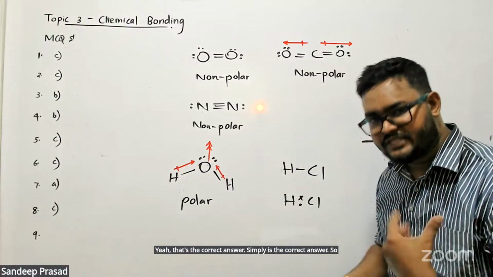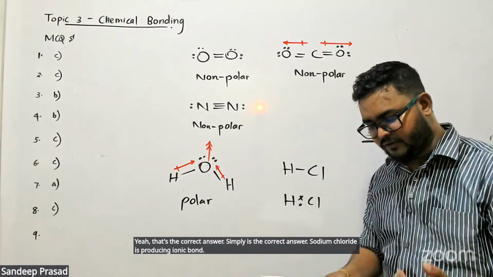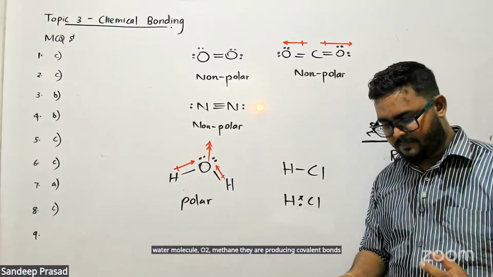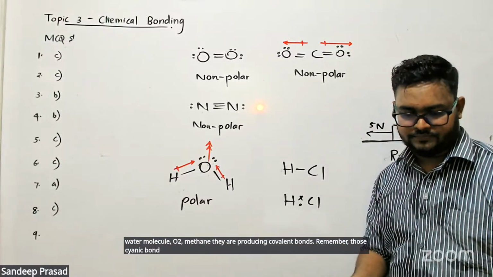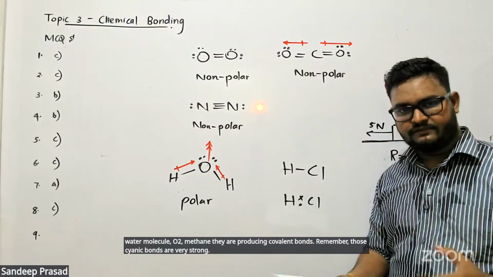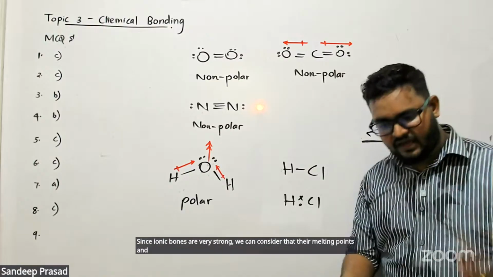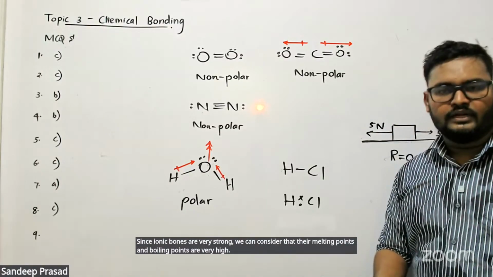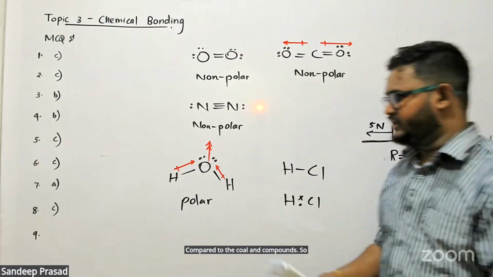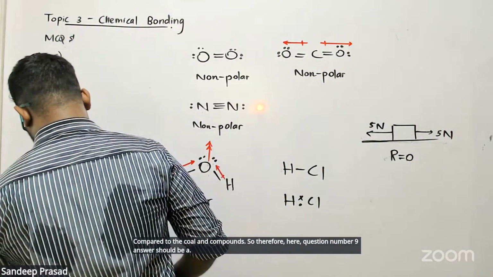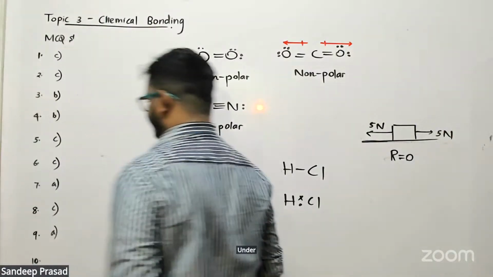Water, O2 and methane produce covalent bonds. Remember, ionic bonds are very strong. Since ionic bonds are very strong, their melting points and boiling points are very high compared to covalent compounds. So for question number 9, the answer should be A. Understood?